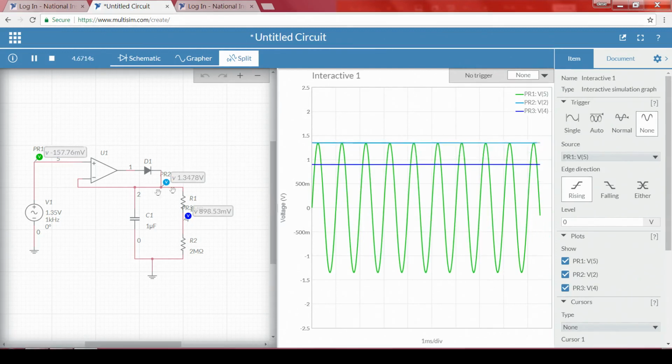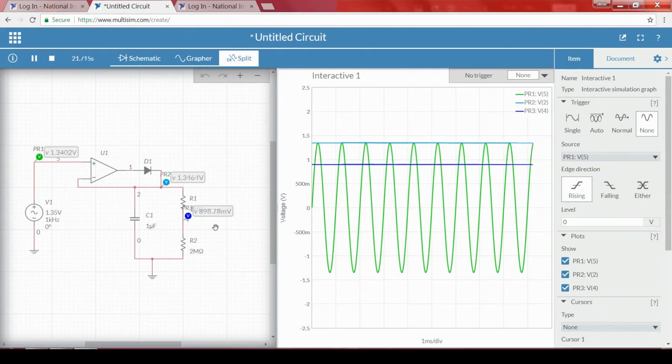So, this indicates our output voltage at this particular point, and the violet color indicates the threshold. That means the threshold at the junction or node point of both the resistors, 1 mega and 2 mega. Now, based upon our calculation, what is the threshold value? If we recall the potential divider circuit, it is nothing but V in into R2 by R1 plus R2.